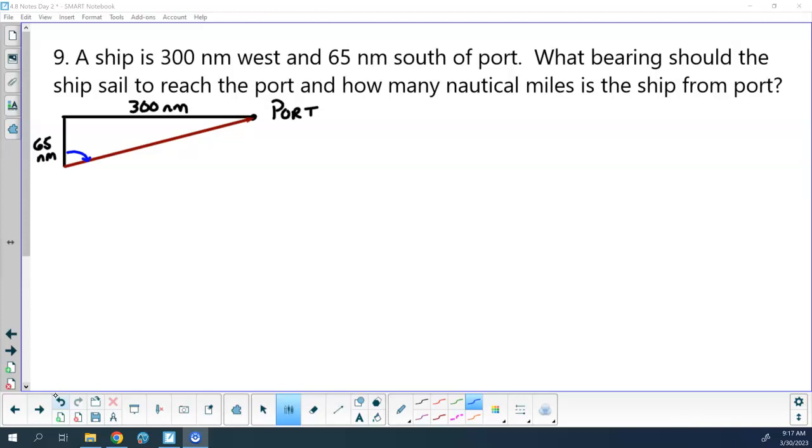You know all this stuff, okay? So we got the Pythagorean theorem. So we could say, let's call this x. X squared equals 65 squared plus 300 squared.